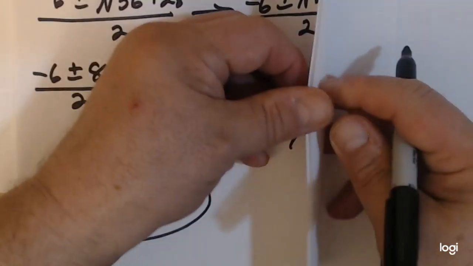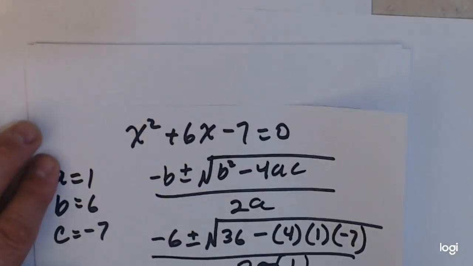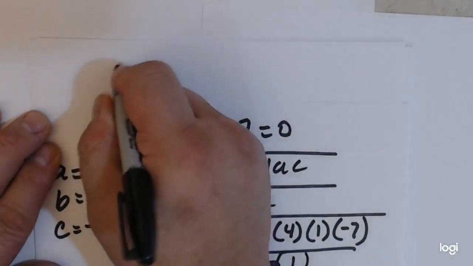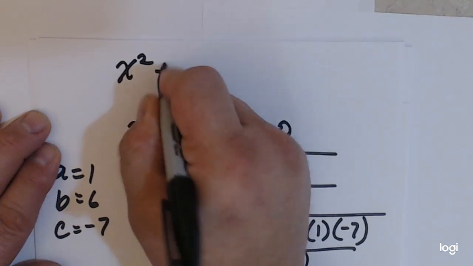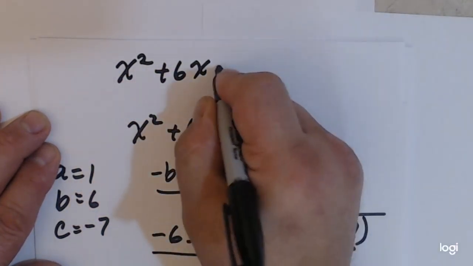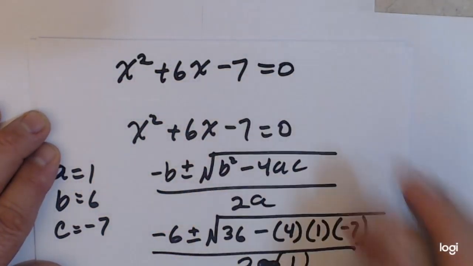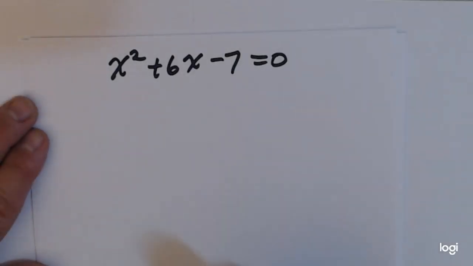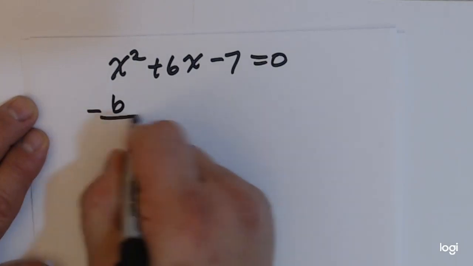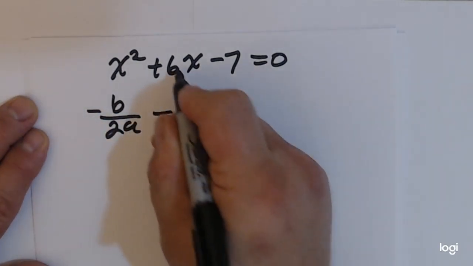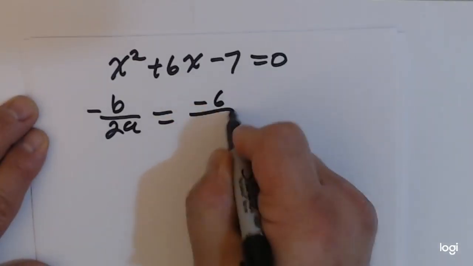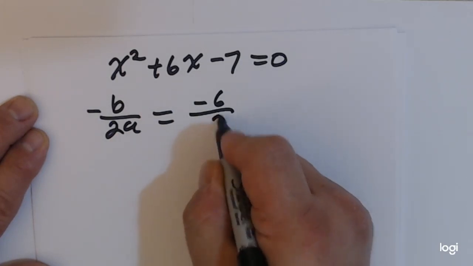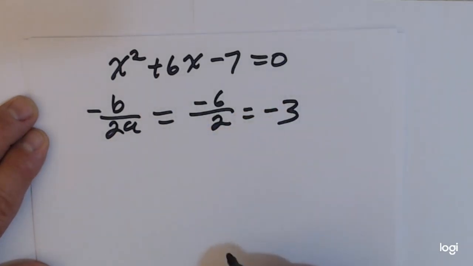Let's copy the equation down. We get x squared plus 6x minus 7. Okay. Now remember, to find the vertex, we start with negative b over 2a. So negative b would be negative 6 over 2 times 1, which is negative 3. So negative 3 is the value for x.